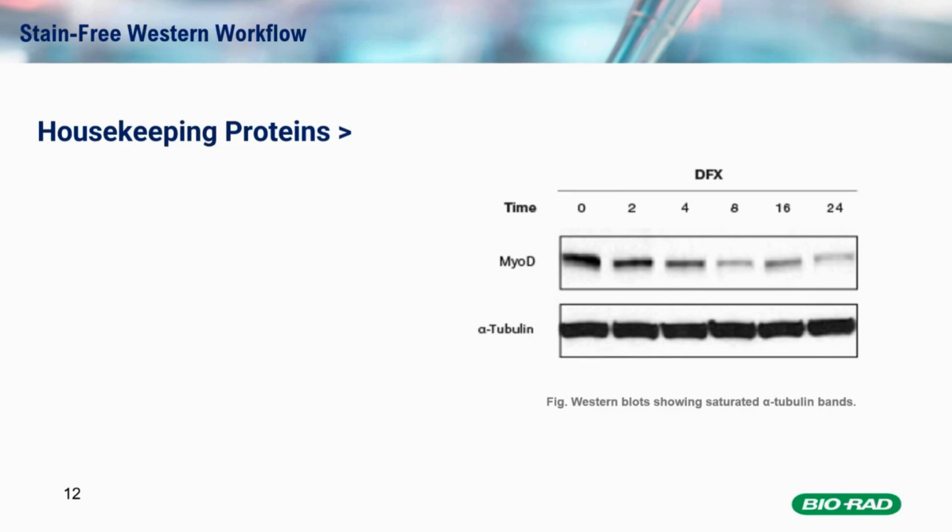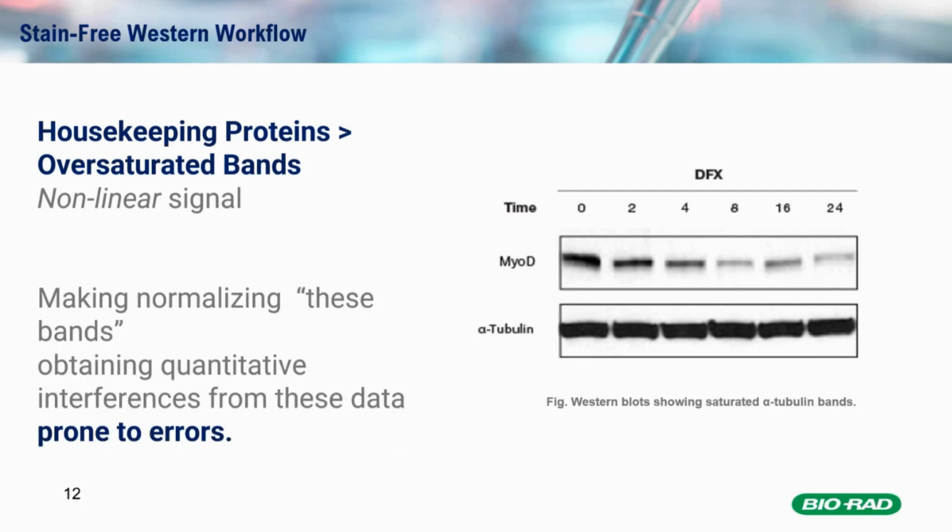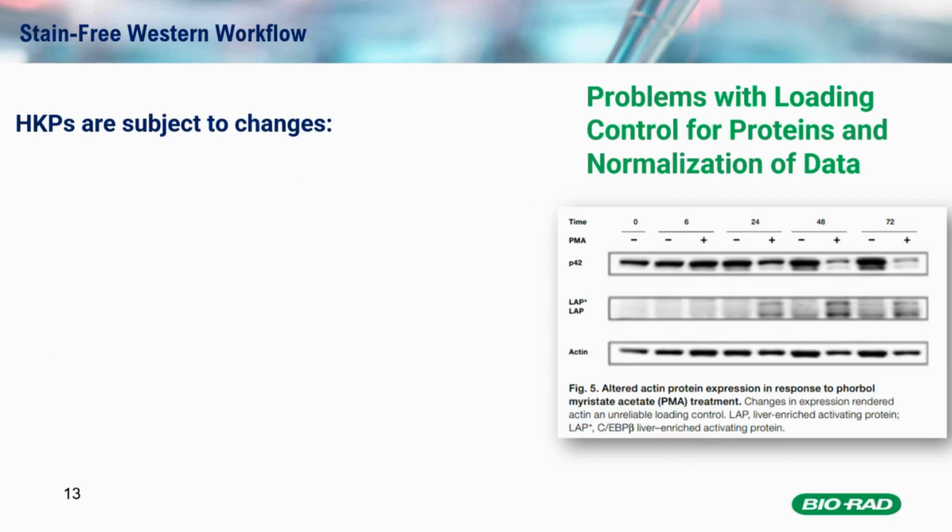And in addition, when you think about housekeeping protein, in some cases, because they are already expressed too much compared to your low abundant protein, you may get oversaturated bands, or you may have different expression levels of the proteins. And so accordingly, when you run your experiment and use housekeeping protein normalization, you may be prone to errors and data interference.